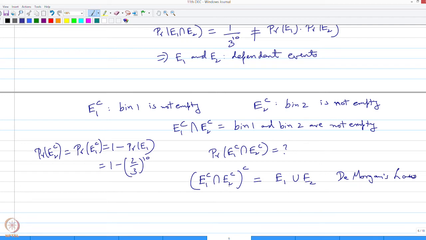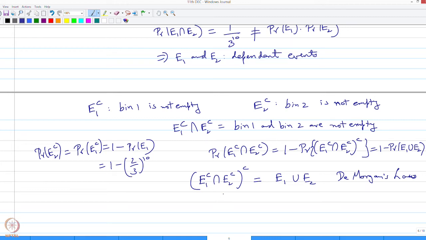So, E1 complement intersect E2 complement, the whole complement is actually E1 union E2. Okay. So, probability of E1 complement intersect E2 complement is 1 minus probability of E1 complement intersect E2 complement, the whole complement, and that is 1 minus probability of E1 union E2, because E1 union E2 is the same as this big complicated expression.